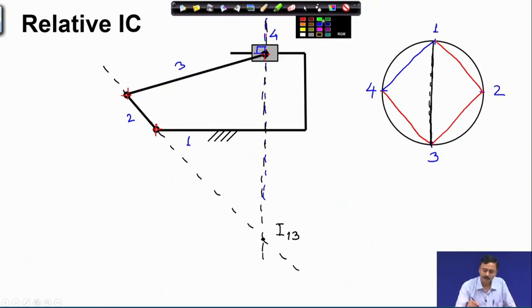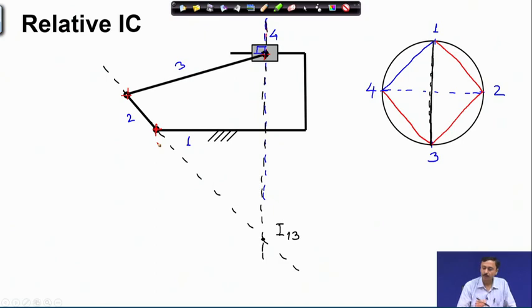Next I ask the question whether I can find out I 2 4. So, I 2 4 must lie on the line of I 1 4 and I 1 2. I 1 4 is at infinity and I 1 2 is this ground hinge.